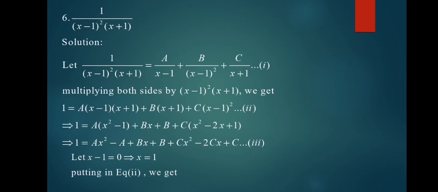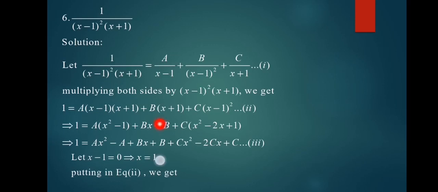Again multiplying both sides by the LCM of the denominator, which is (x minus 1) whole square into (x plus 1), we get 1 is equal to a into (x minus 1) (x plus 1) plus b into (x plus 1) plus c into (x minus 1) whole square.